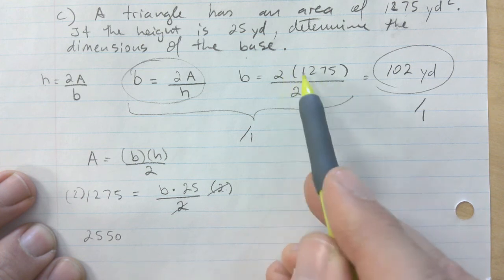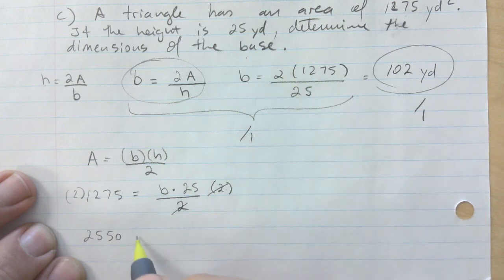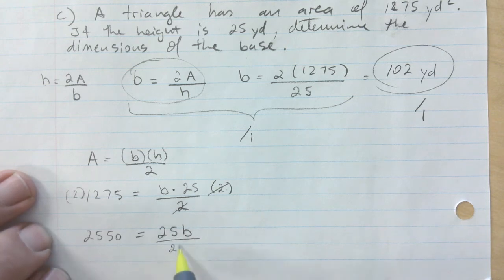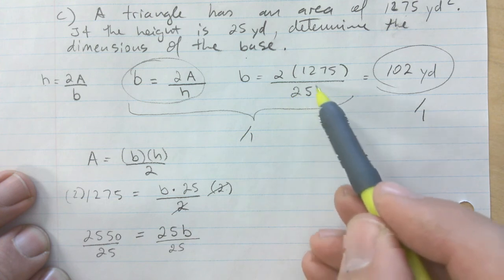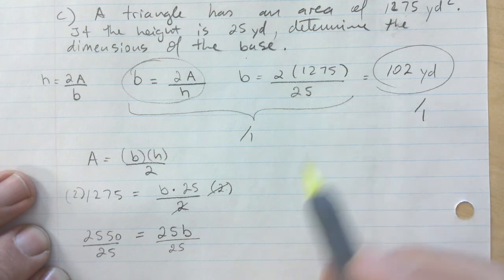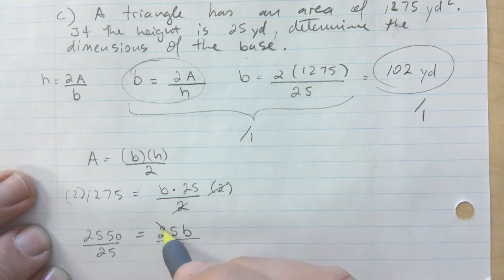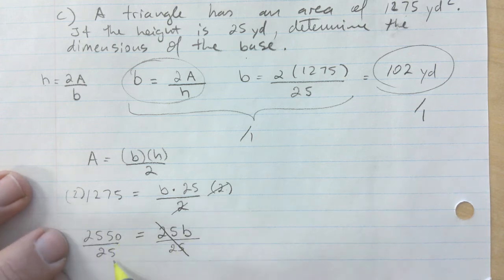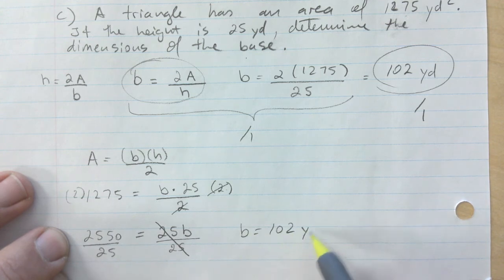You got 2550 when you multiplied these two, which leaves you with 25 times b. So your last step is to divide both sides by 25, and so base is really 2550 divided by 25, which is also going to give you 102 yards.